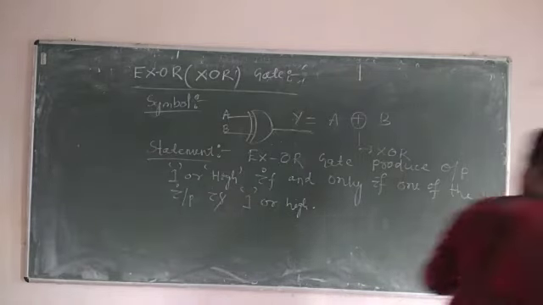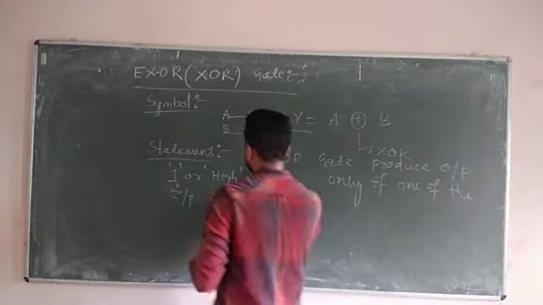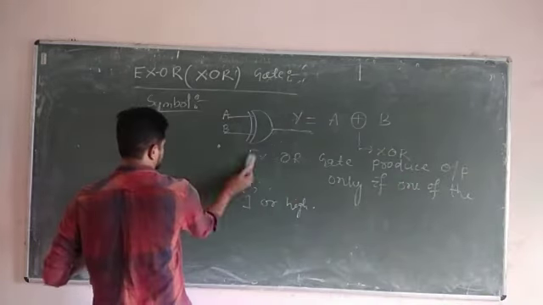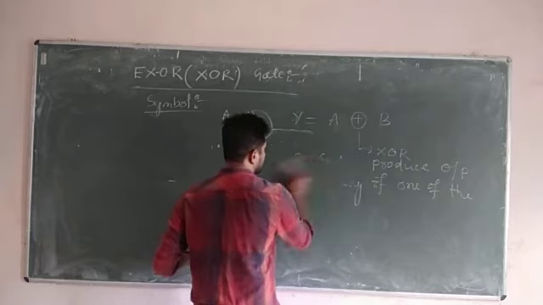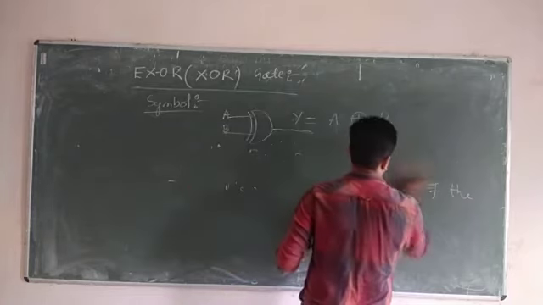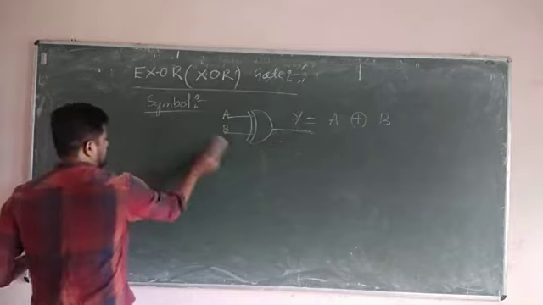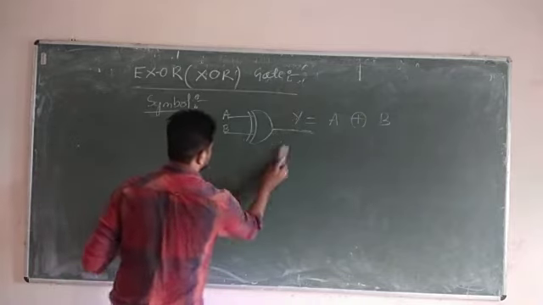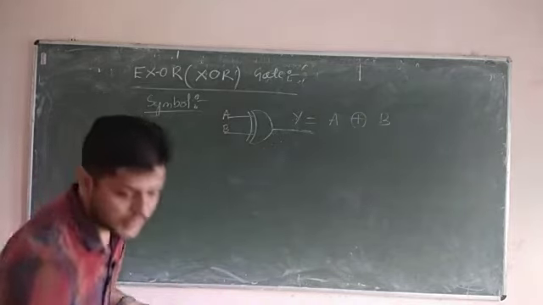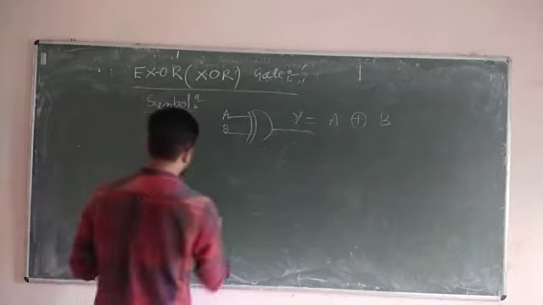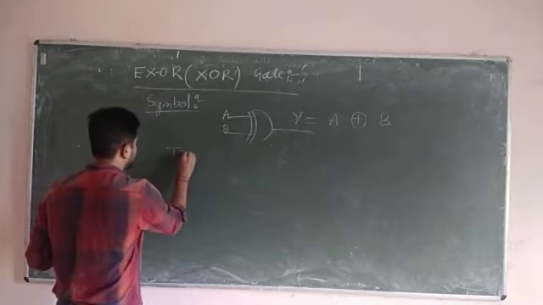Next, what is the truth table for this XOR gate? And from this truth table we will draw the expression. Actually this is the symbol, then the expression, then comes your truth table.